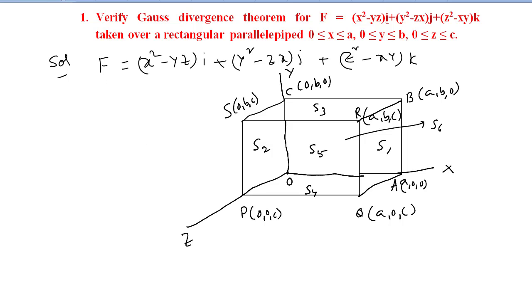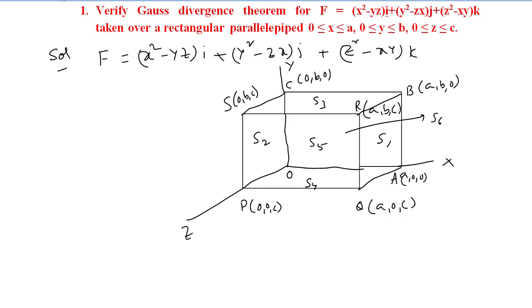So what is the Gauss divergence theorem? Here we will prove that triple integral of divergence of F dV equals double integral of F dot n dS. So we will verify Gauss divergence theorem. First we will find the triple integral, later we will find the double integral.